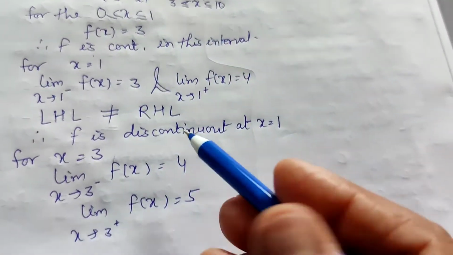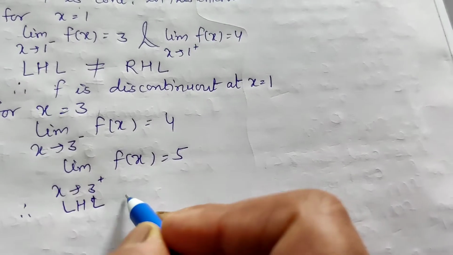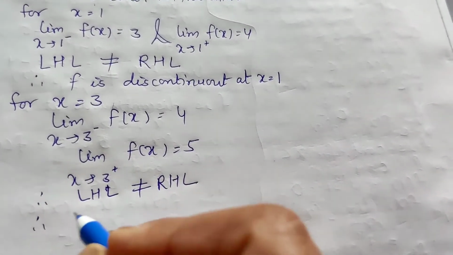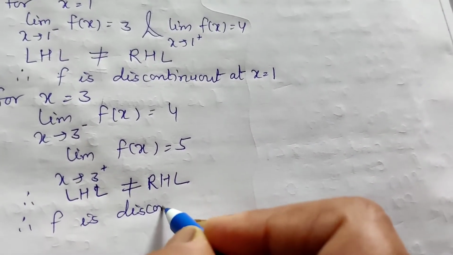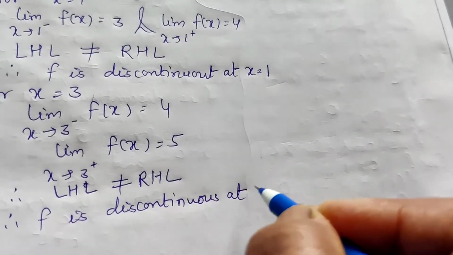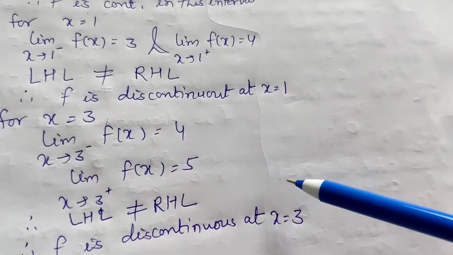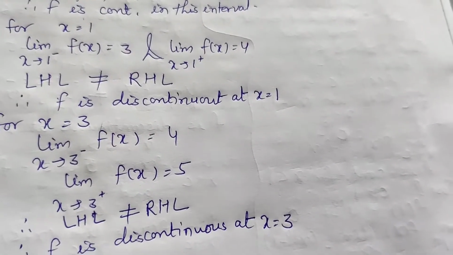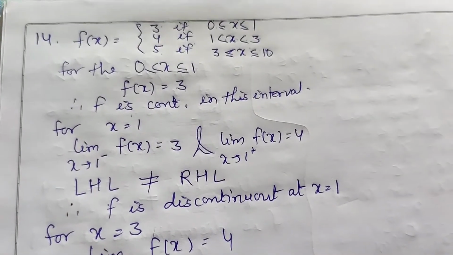Therefore, the left hand limit is not equal to the right hand limit. Therefore, the function is discontinuous at x equal to 3. It means the function is discontinuous at x equal to 1 and x equal to 3, and continuous only in the interval 0 to 1. Okay. Next, question number 15.